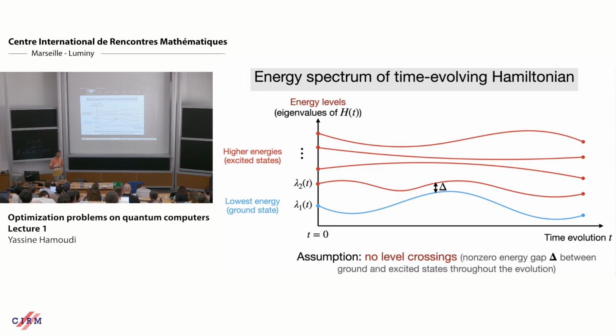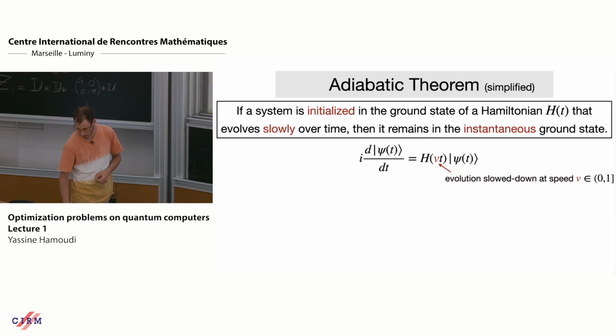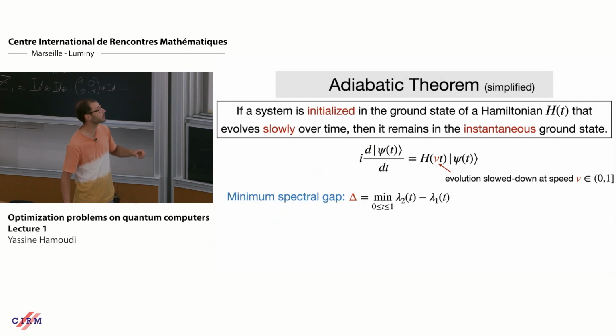And the important assumption is that there are no level crossings, meaning that delta remains non-zero all along the evolution. As before, this is the spectral gap assumption. So this is the actual definition of delta.